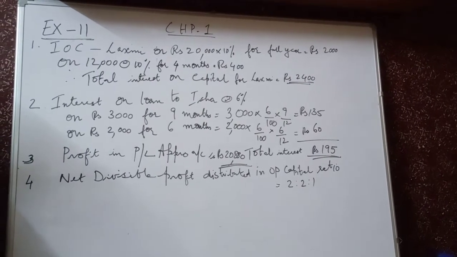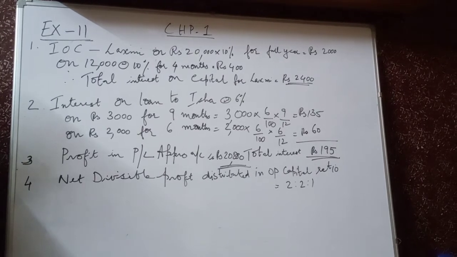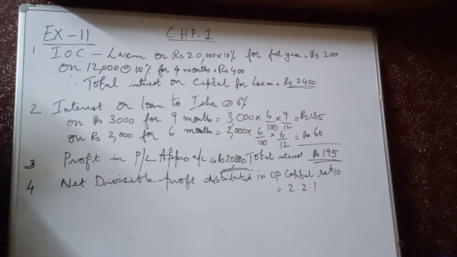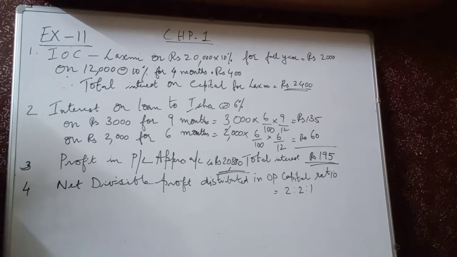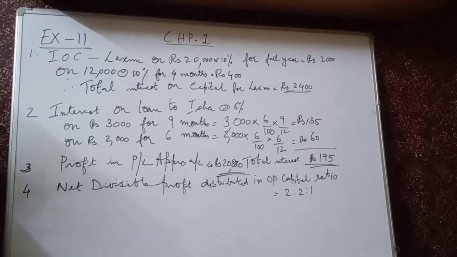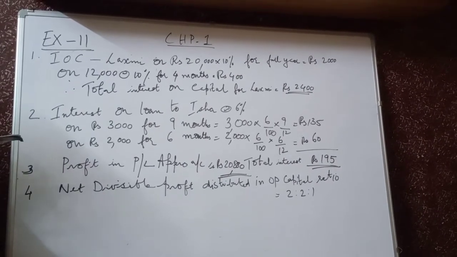Now, in the 11th question, Isha, Saraswati and Lakshmi are the partners sharing profit and loss in the proportion of opening capital. On 1/4/2016, balance of the fixed capital accounts were 40,000, 40,000 and 20,000.